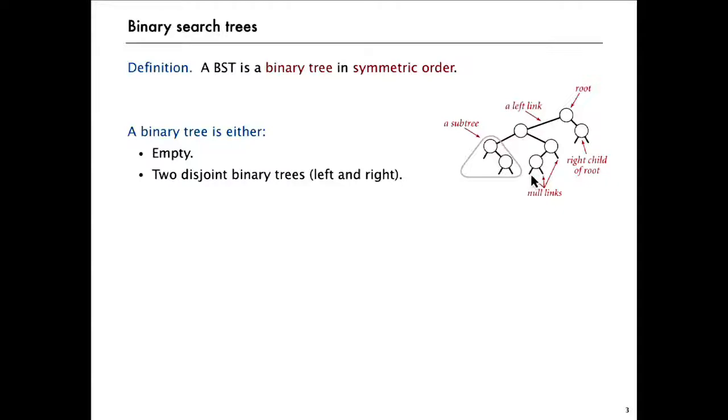Links can be null, left tree can be null and right tree can be null, or both. We refer to every node in the tree as the root of a subtree, and we refer to the nodes below each node as its children. So this is the right child of the root, and that's a left link, and so forth. So that's the definition of a binary tree.